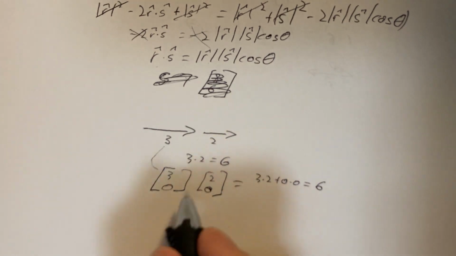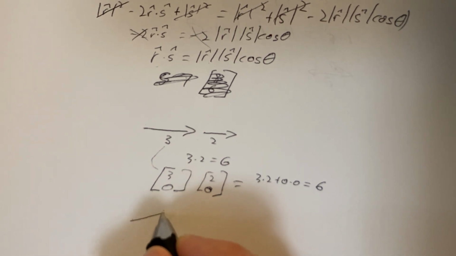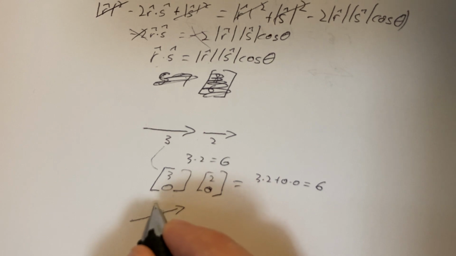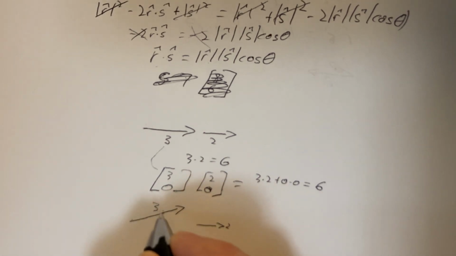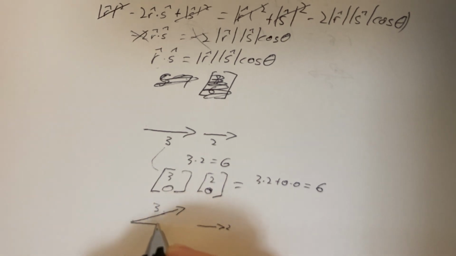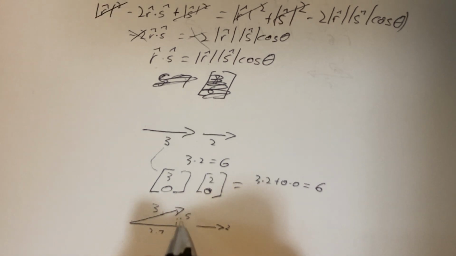But let's say we had some vector that was still 3 lengths long, and another one that's 2 lengths long, but this one was at an angle, such that this was like 2.7 and this was 0.5. If you do the Pythagorean theorem on that, I doubt the result ends up 3, but you get my gist of it.